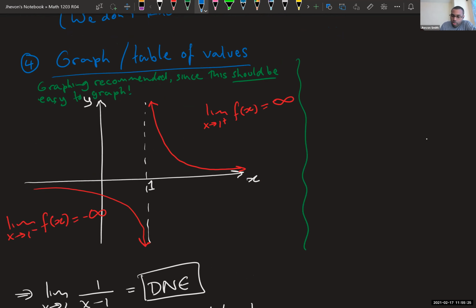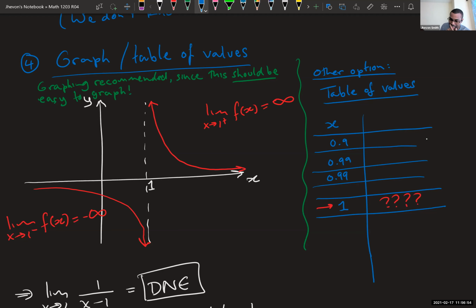So you're going to plug in a bunch of numbers. How many? It depends. You just want enough so that you start to see a pattern. So if I'm coming from this side, I might pick 0.9, 0.99, 0.999, 0.9999, and you're going to realize that you start getting something larger and larger.